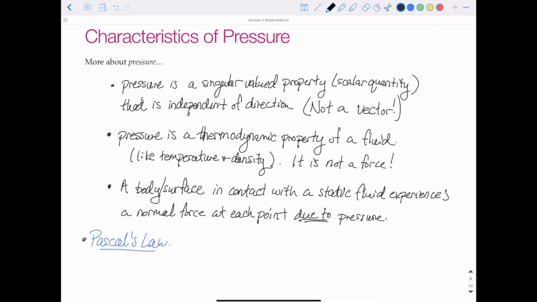So Pascal's law states that a pressure change occurring anywhere in a confined incompressible fluid is transmitted through the fluid such that the same change occurs everywhere.